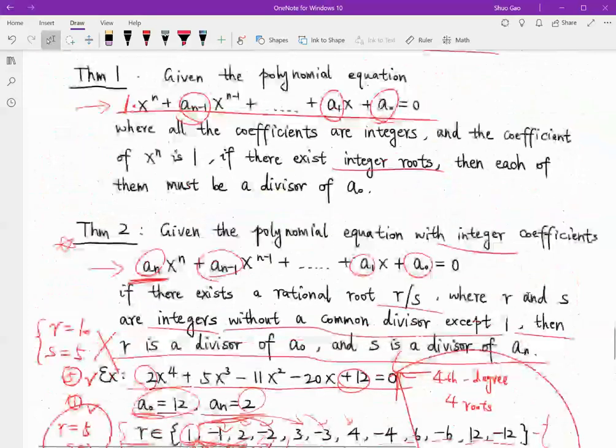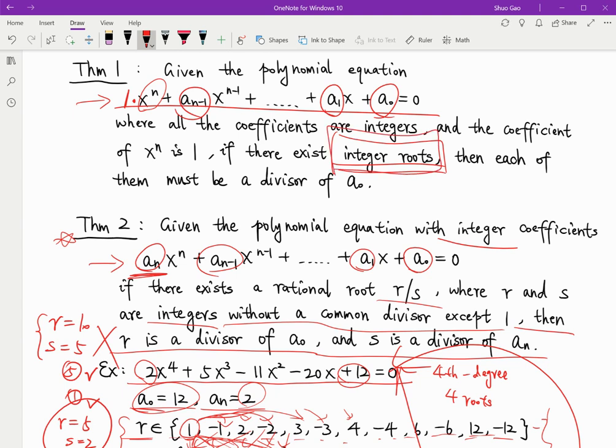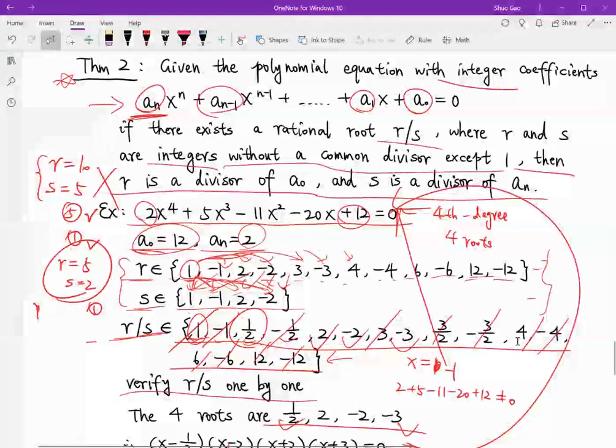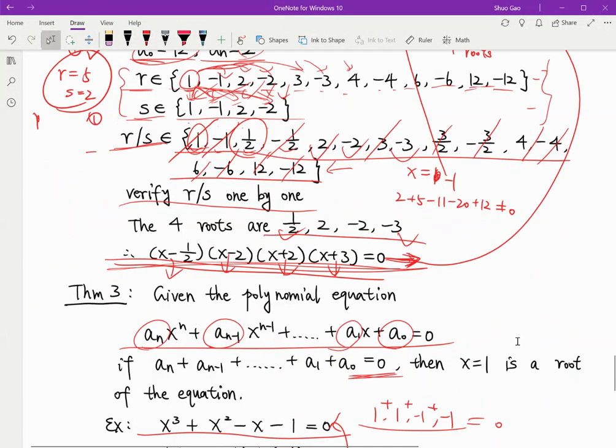If you see a polynomial equation that looks like theorem 1 here, where the coefficient of the highest degree of x is 1, and you want to find the integer root, then you can use theorem 1 to find the solution. But theorem 2 is more general. You can find all the rational roots, including the integer roots, using theorem 2.